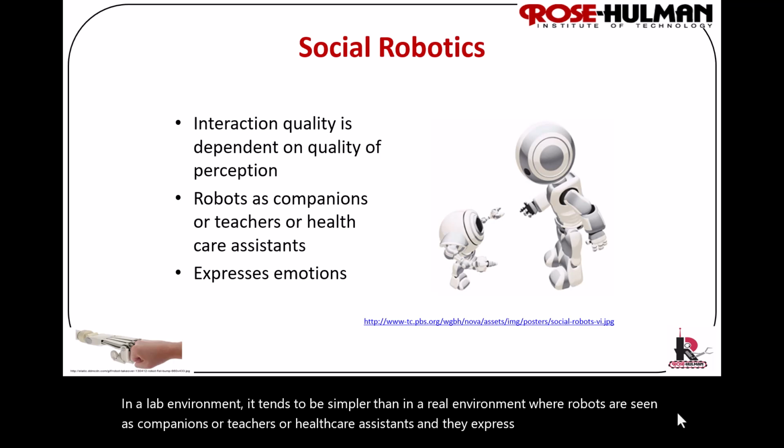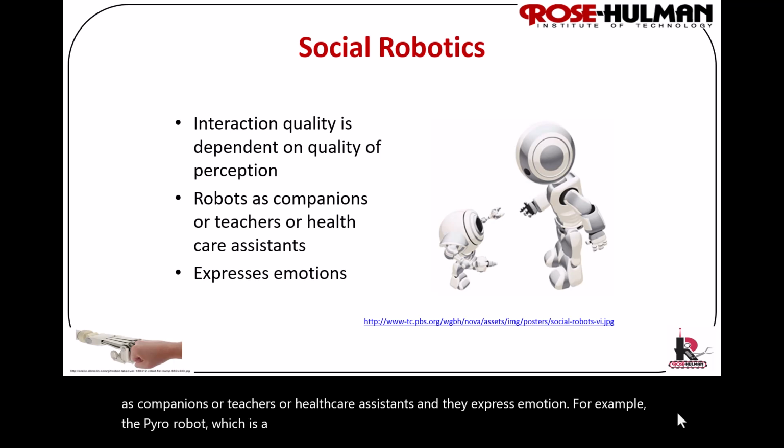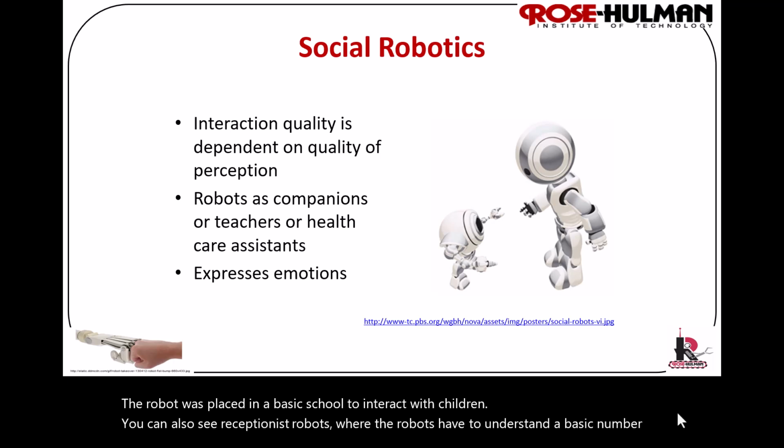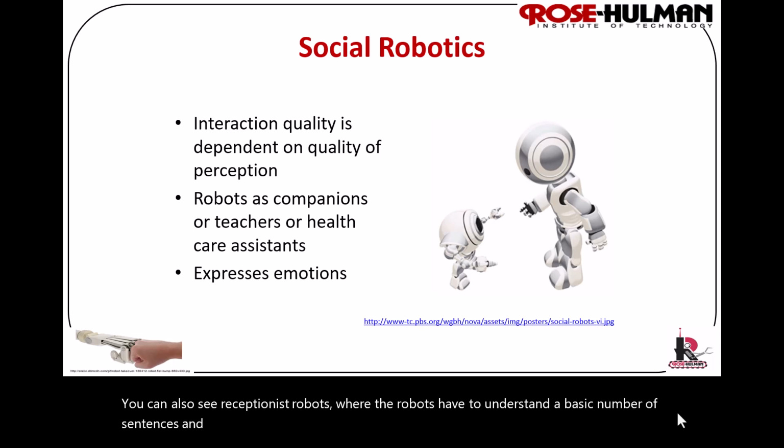For example, the Paro robot, which is a seal, was seen as a companion robot, where the robots encouraged Japanese children to learn English. The robot was placed in a basic school to interact with children. You can also see receptionist robots, where the robots have to understand a basic number of sentences and express emotions such as surprise, fear, anger, repulsion, or happiness, and sadness.